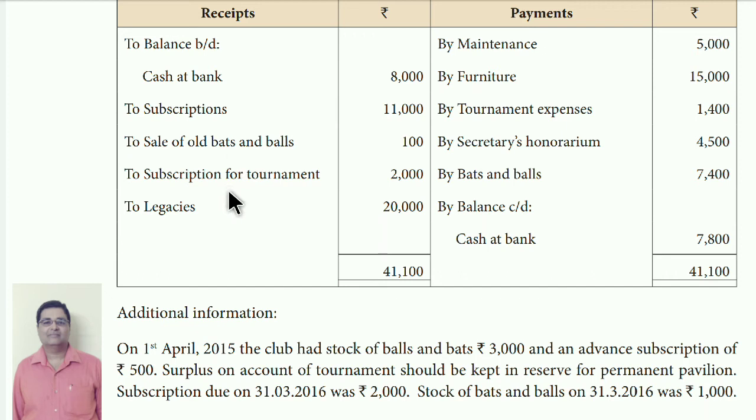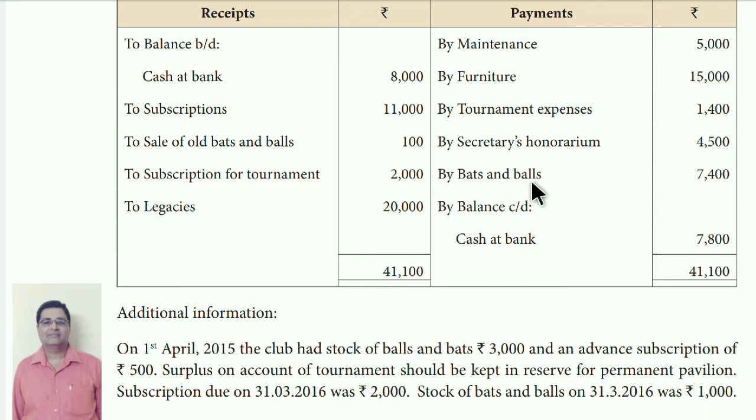See here, where are the bat and ball given? Here it is given, sale of bat and ball, that is 100 rupees. But this is different. Here bat and ball purchased 7,400. So 7,400 is the purchase and this is the opening.